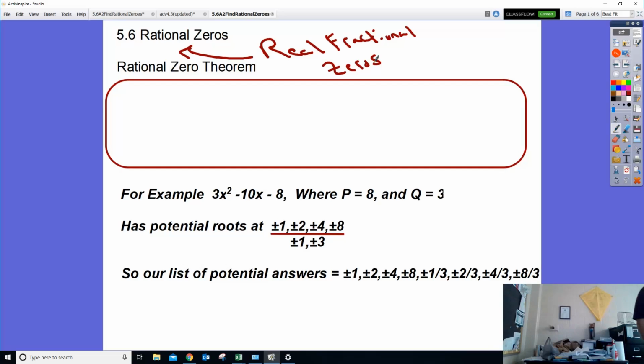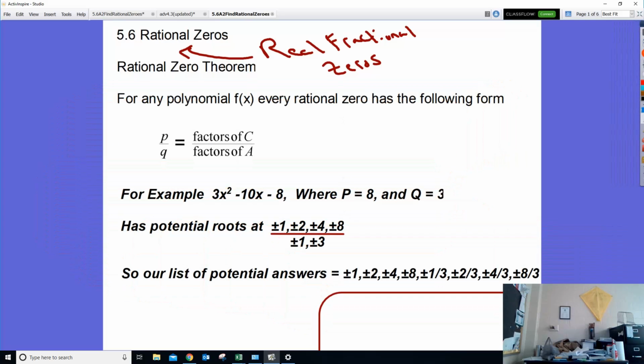And we have what's called the rational zero theorem. It's probably easier than it's written out up here. The polynomial f of x, every rational zero, has the following form: p over q, where p is the factors of c. When I say c, I'm talking about the constant. Over the factors of a.